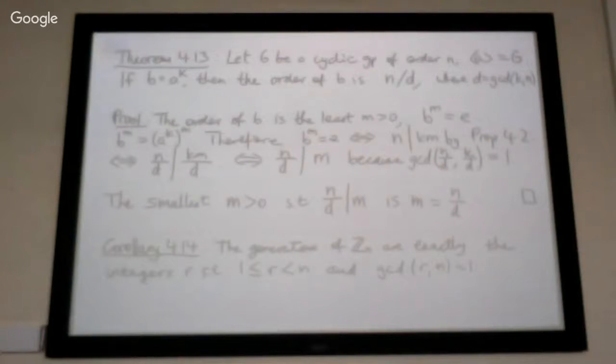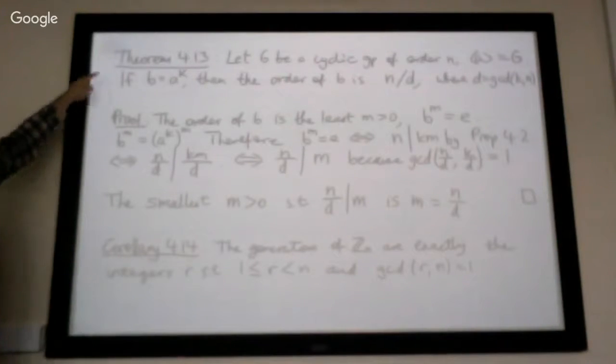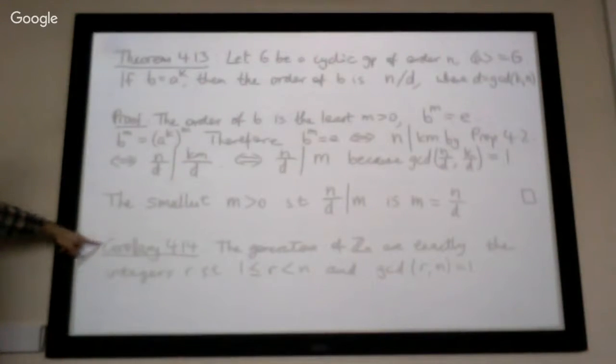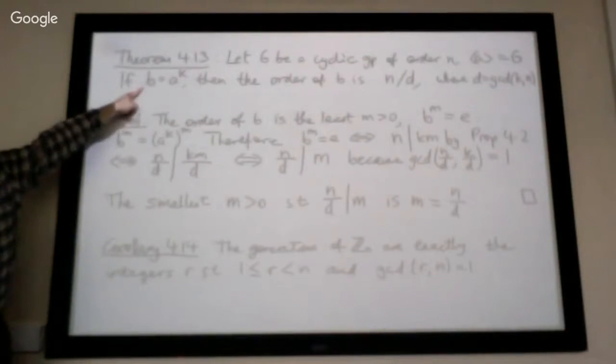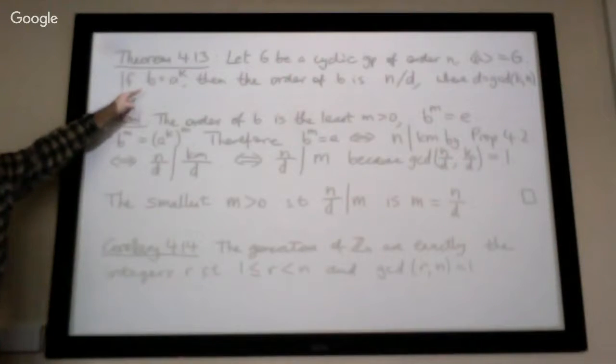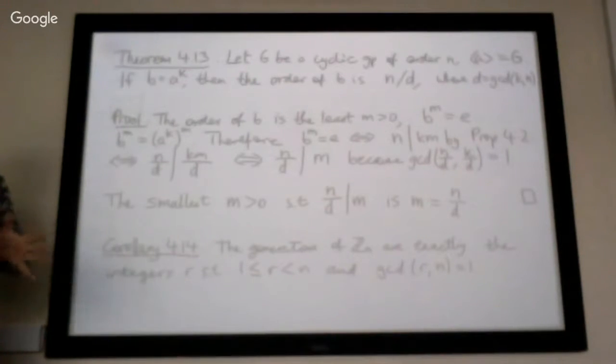Okay, so this theorem gives us, when you want all the generators of Zn, you want all the elements of Zn whose order is n. Because the generators of the group are exactly those elements whose order is equal to the order of the group.